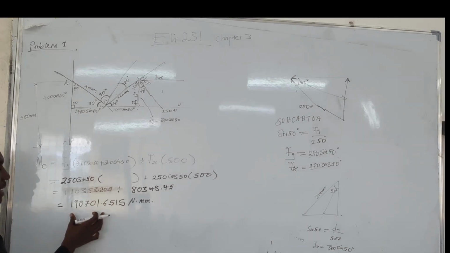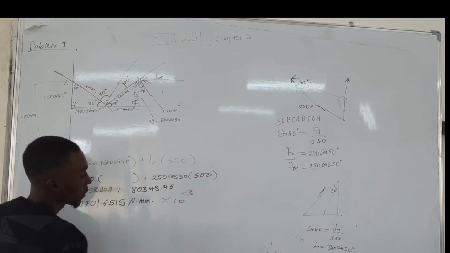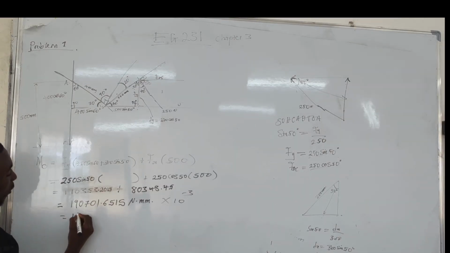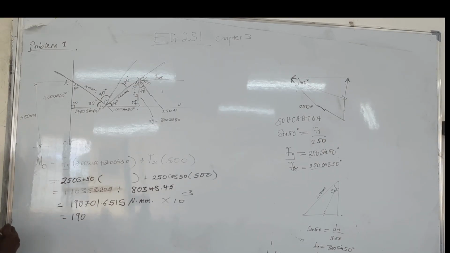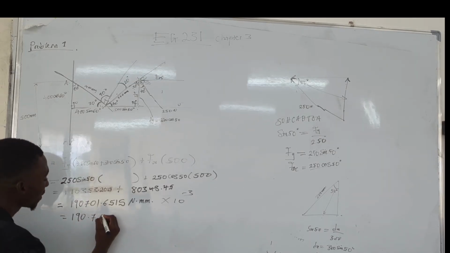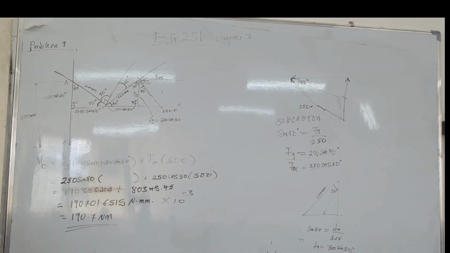So multiply this answer by 10 to the negative 3, which is equal to 190.7 Newton meter. As simple as that.